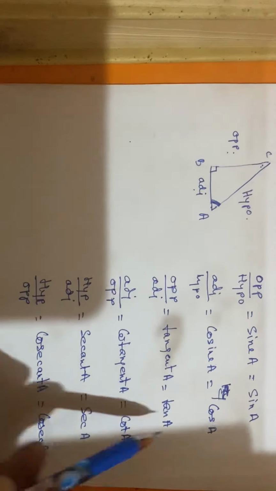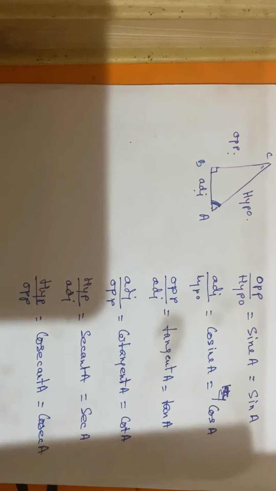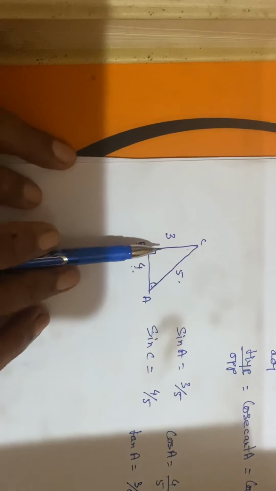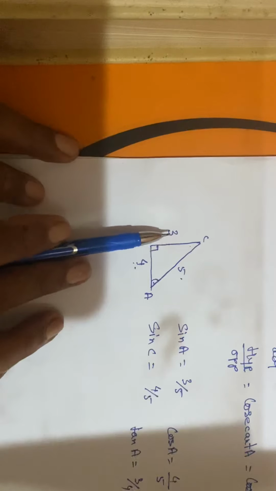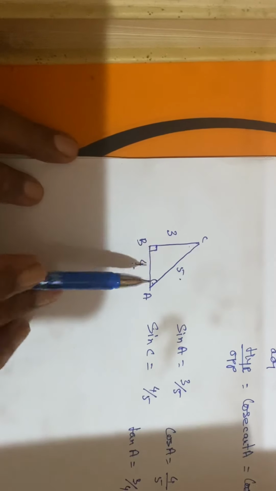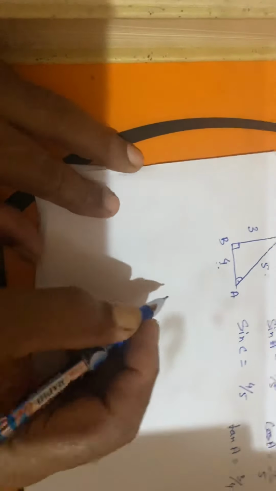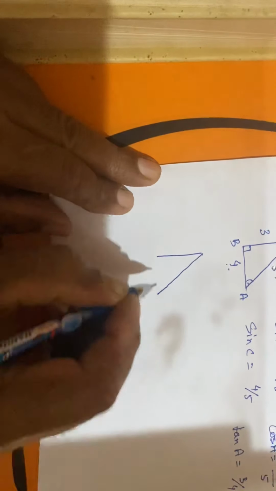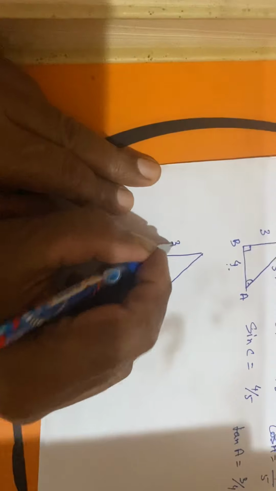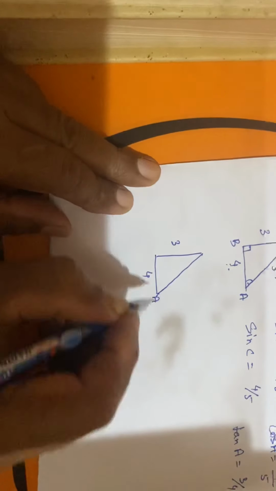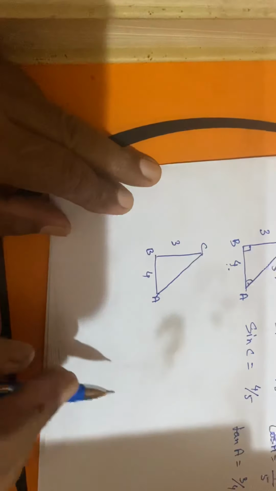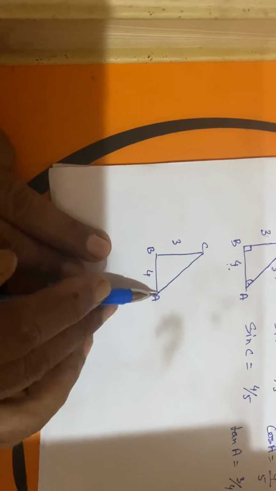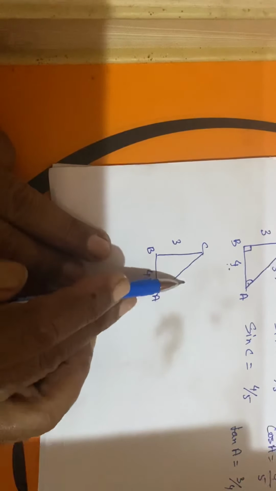If you make the chart, then a triangle will be given to you. Directly or indirectly, they will give you two sides. Say for example, this is 3 centimeters, this is 4 centimeters. Now they told you to find sine A. If you want to go for sine A, you should know the hypotenuse.